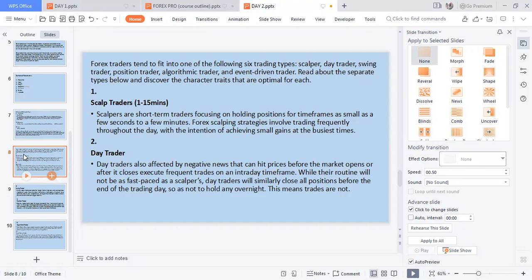A day trader is also affected by negative news that can eat price before the market opens. What I'm trying to say is, day traders are very similar to scalp traders. They also don't like it when their trades hold over to the next day. Some people are in profit, and instead of closing for that day, because they want to earn more, they leave the market running.